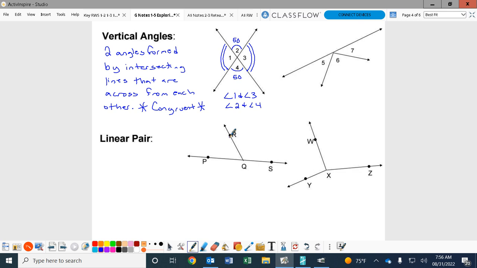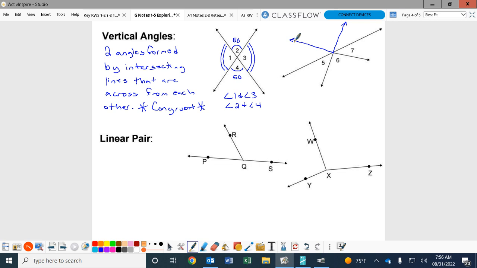So what are the vertical angles in the next picture with the 5, 6, and 7? It's a trick question, guys. Darn. It is a trick question. What if I extend this line out this way and this line out this way?